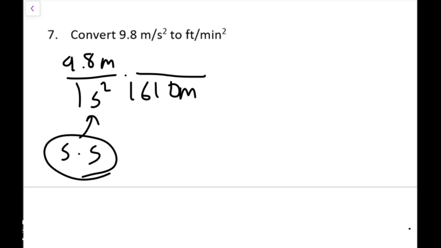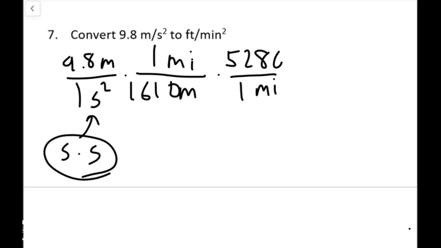But there are 1,610 meters in a mile. And in 1 mile, there are 5,280 feet. And so that's how I can go from meters to feet. See, the meters cancels. Miles cancels. I'm left with feet on top, feet per second squared.